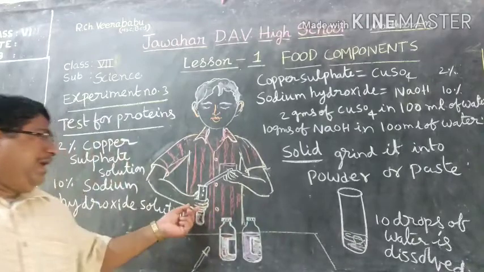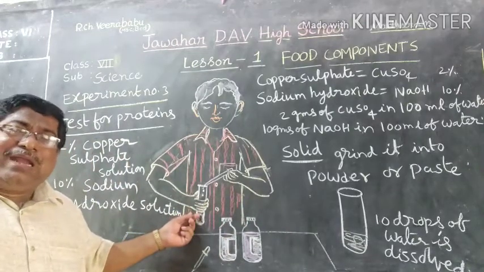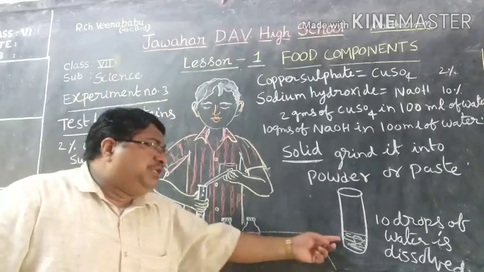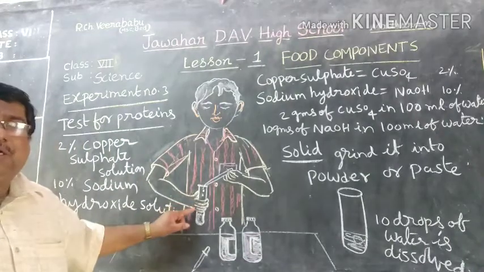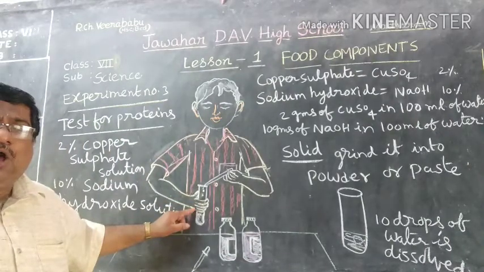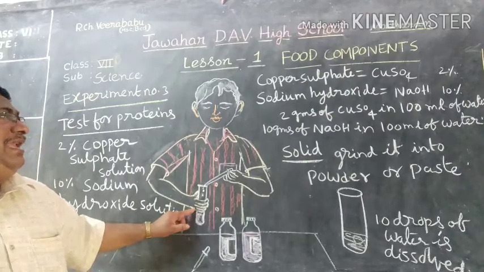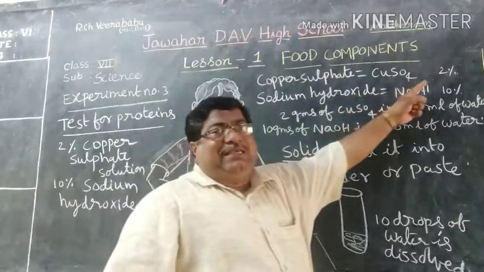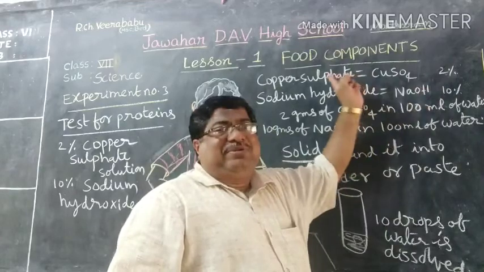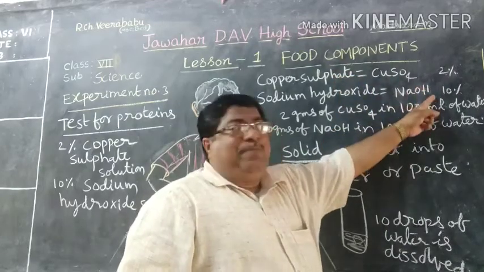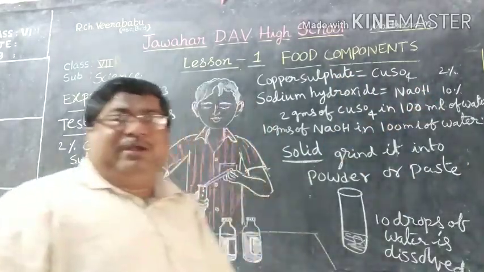Now, again you take 10 drops of this solution in the test tube. Now, we can add 2% of copper sulfate, 10% of sodium hydroxide.